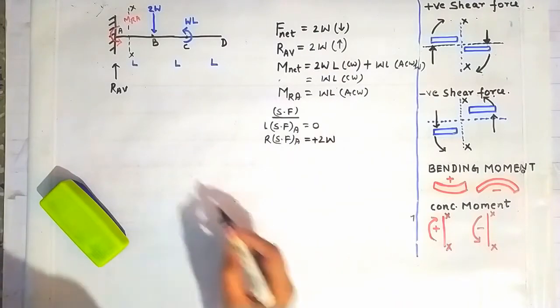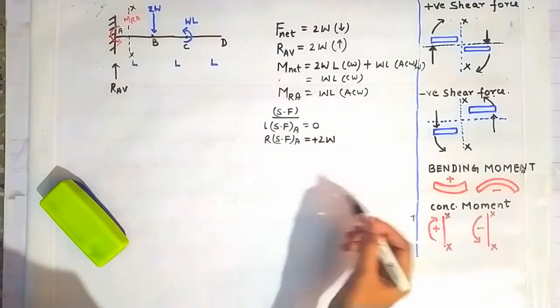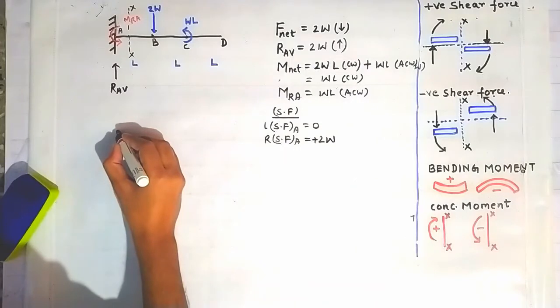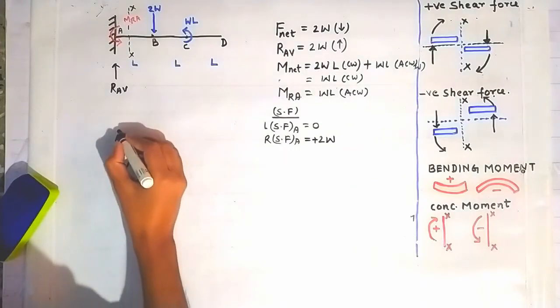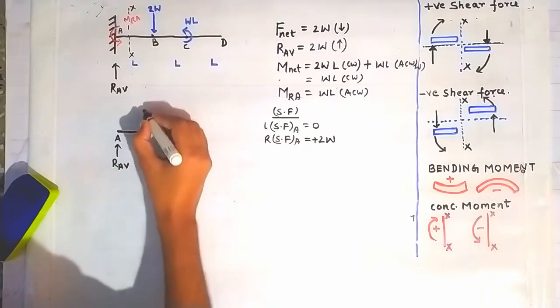Positive why? Because this force RAB is acting at point A, and this is our section XX.